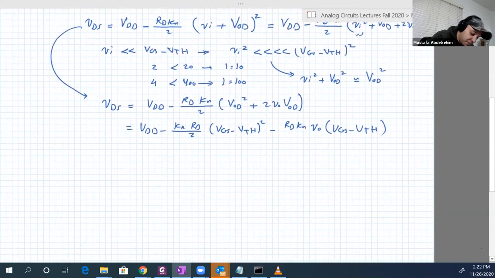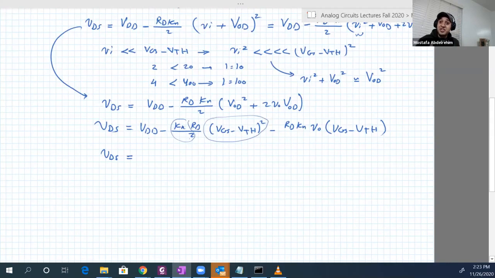And now we have this. Let's write VDS equal to VDD minus Kn RD over 2 times VGS minus V threshold squared. What is Kn over 2 multiplied by VGS minus V threshold squared?